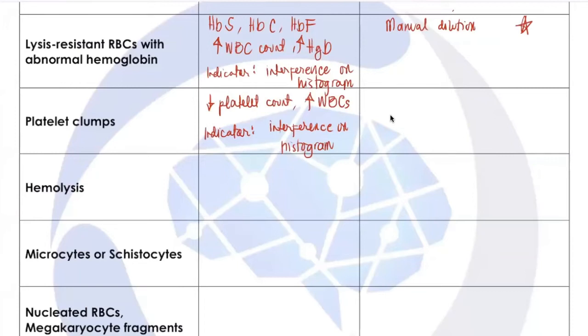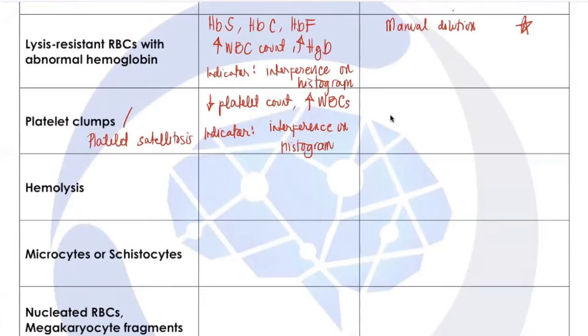Sometimes, guys, we could associate this with what we call platelet satellitism. In the case of platelet satellitism, your platelets are not counted because they tend to adhere to your granulocytes or to your neutrophil, for example.